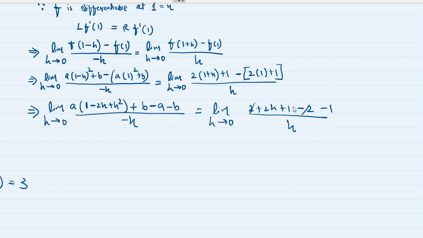The 2 plus 1 minus 1 all gets cancelled, leaving 2h by h, which is 2.